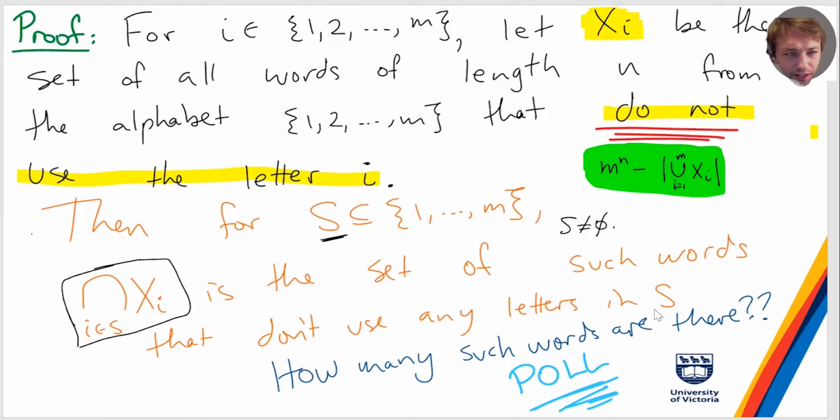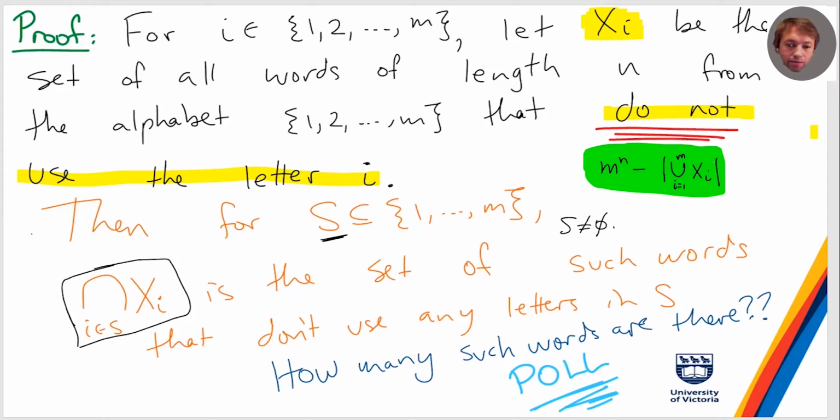Remember, we've done this before. We've already done this where I was saying how many words don't use the letter j, right? And now we're just doing this more generally for a set S, which might have more than one element. So how many don't use letters in S? This is something we can figure out just based on the usual principles.